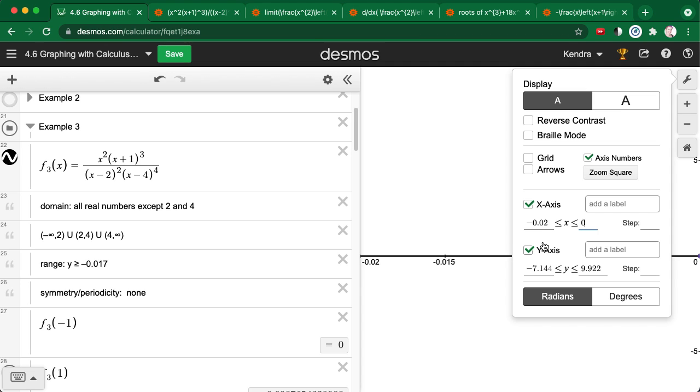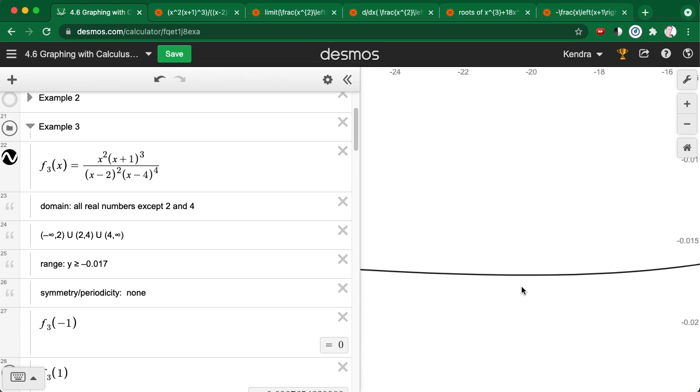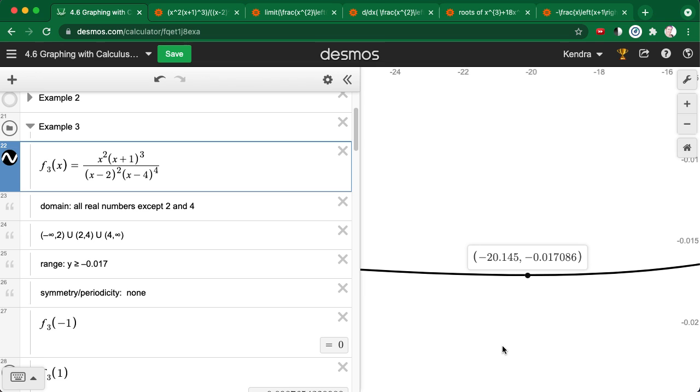Oops, sorry, that's not what I wanted. This is from negative 25 to negative 15. The y value is negative 0.02 to 0. This zooms in on that teeny little bit of the graph, and now I can see that minimum y value.